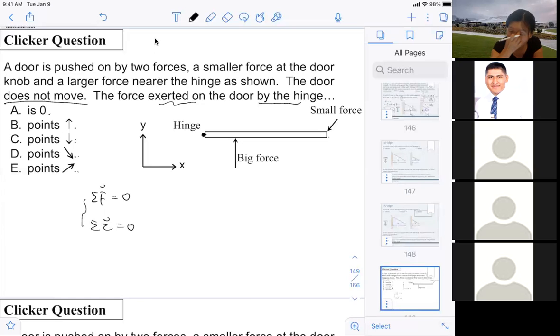So the big force is already in the perpendicular direction, and the small force is acting at an angle. Let's say we break it down into a component pointing downward and a component pointing to the left. Okay, so I'm going to get rid of my original small force, and now I have one force to the left and one force down. So what do you think? In order to balance all those forces, what kind of force do you need from the hinge?